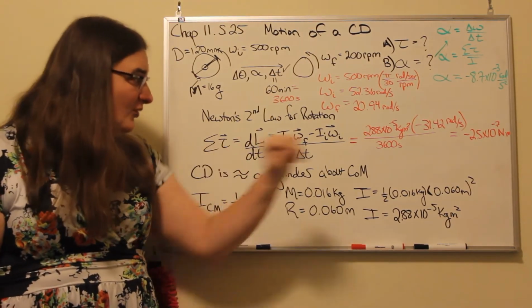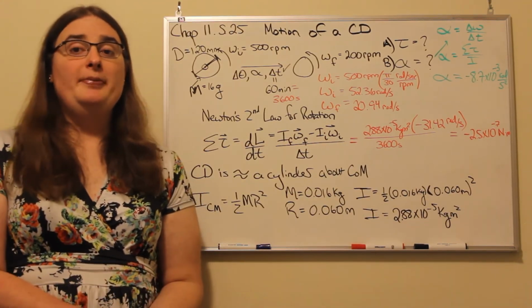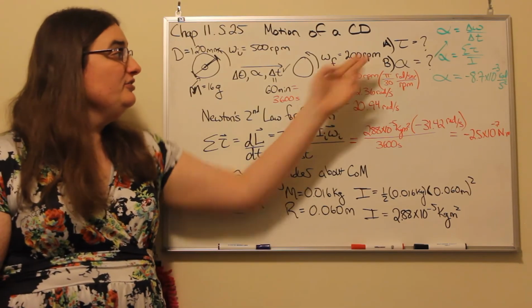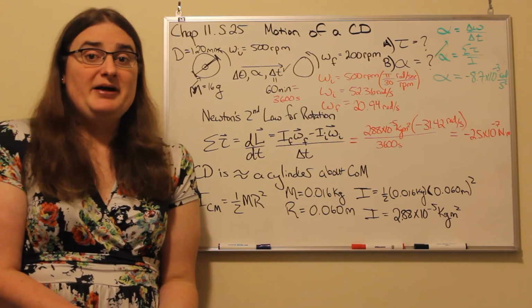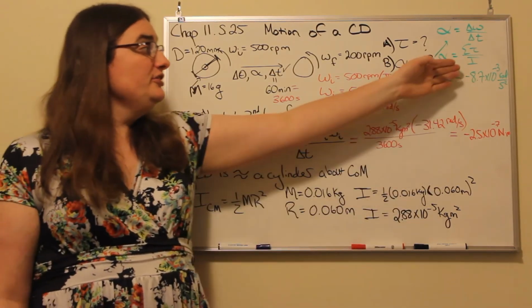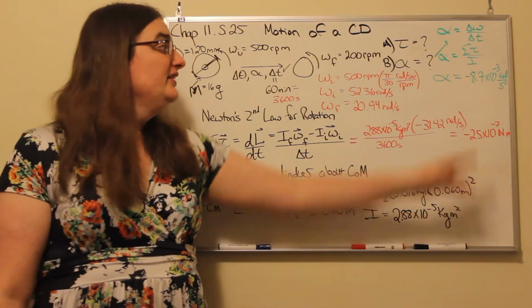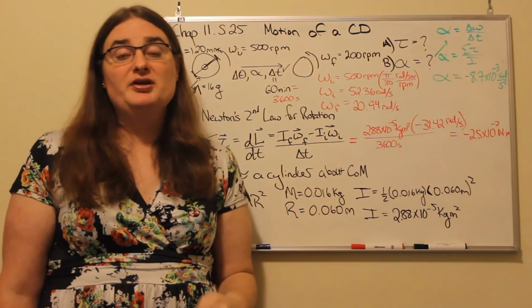Now, given that we have the torque, there are a couple of ways we could go about calculating the angular acceleration. We could use the definition of acceleration, our change in angular velocity divided by our change in time. We could use the simple definition of Newton's second law, that the angular acceleration would be the net torque divided by the moment of inertia.